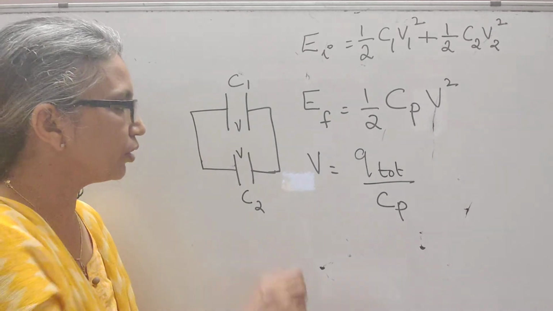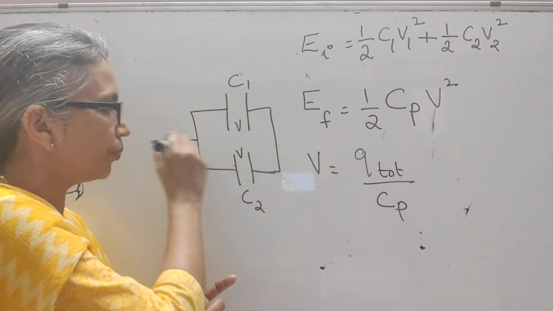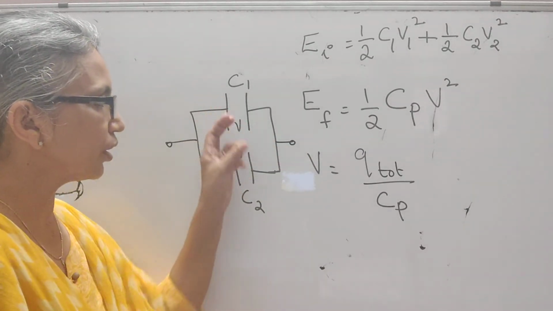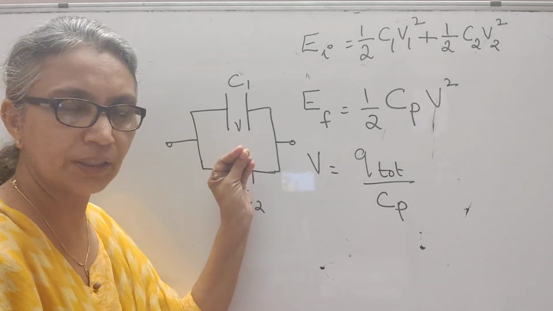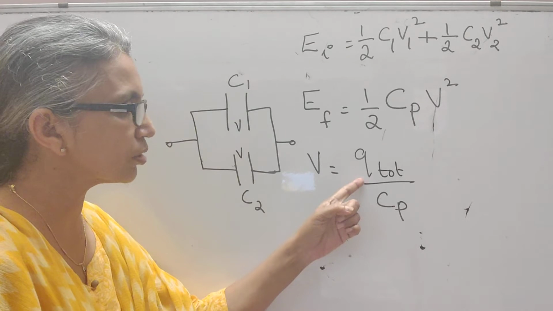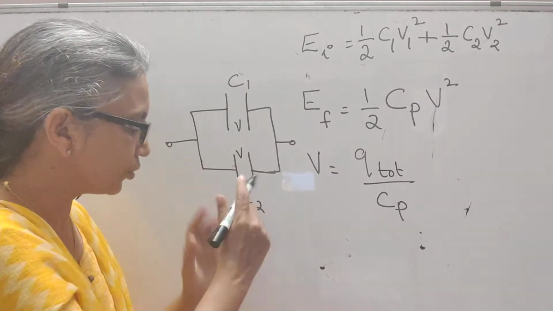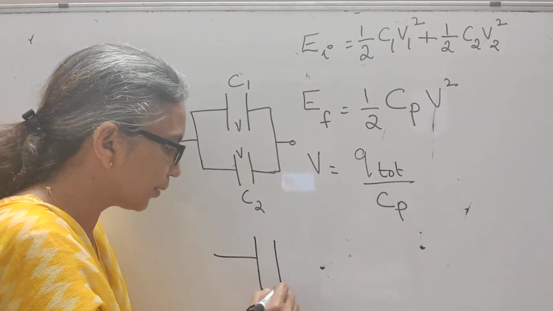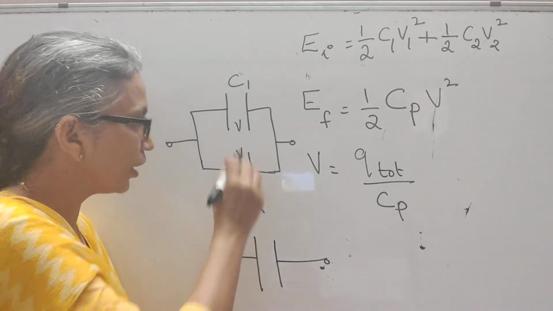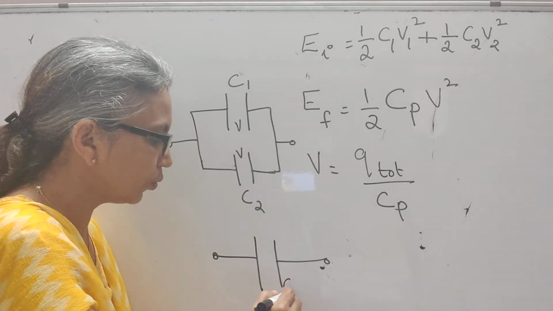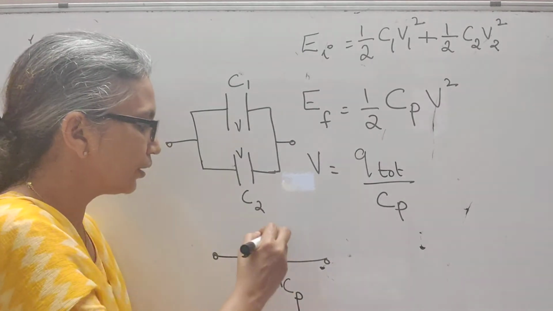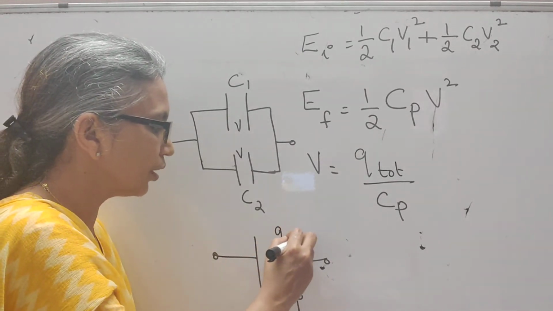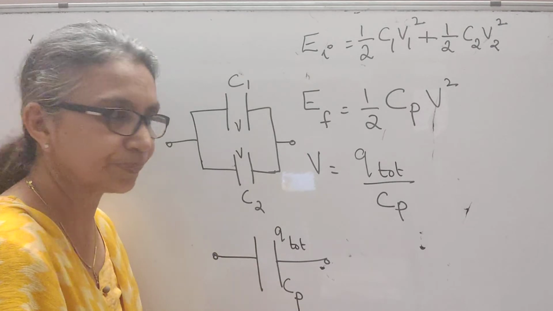So if you're going to find the V across the parallel combination like this, you need to consider this as a single capacitor whose capacitance is Cp and it stores a total charge Q total. That's what I drew before. I've replaced the two with a single one whose capacitance Cp is effective of the two in parallel, and the charge here is what I'm going to call the total charge stored on this.